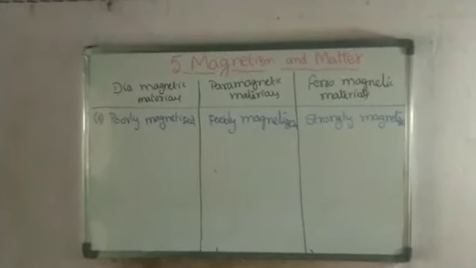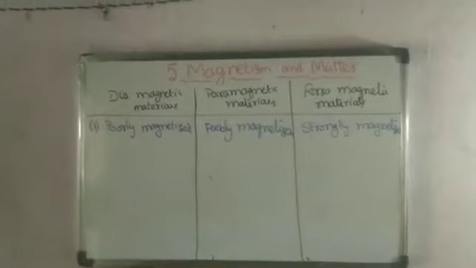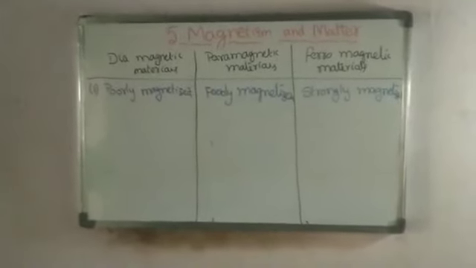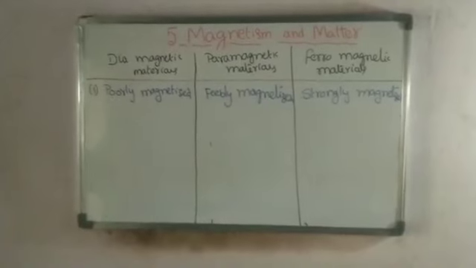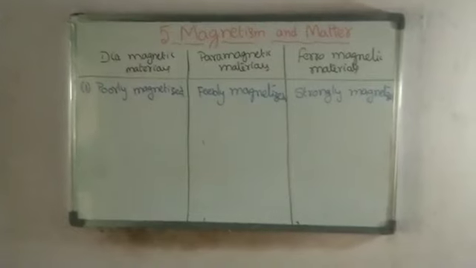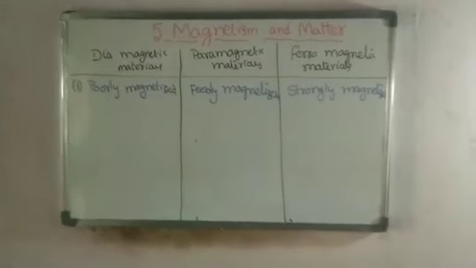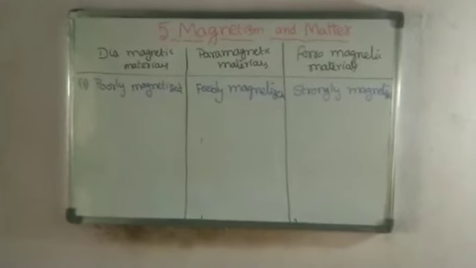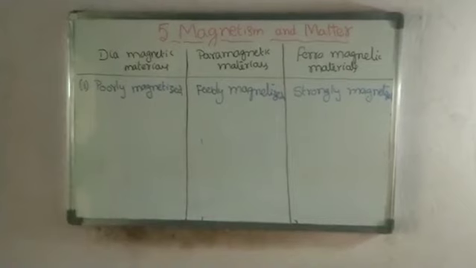Remember the term feebly: feebly magnetized means the strength is less. Next, when a ferromagnetic material is placed in a magnetic field, it is strongly magnetized. So the first difference is: diamagnetic material is poorly magnetized, paramagnetic material is feebly magnetized, and ferromagnetic material is strongly magnetized.